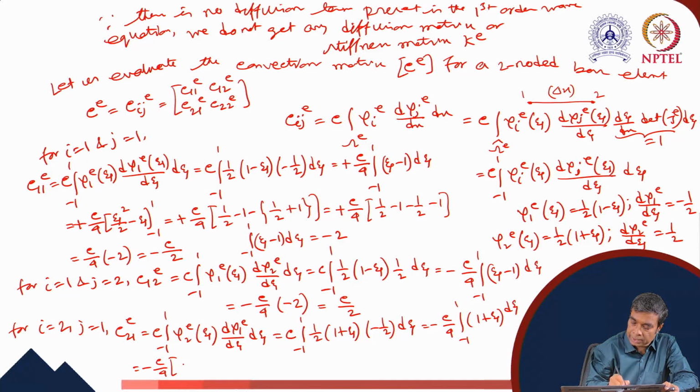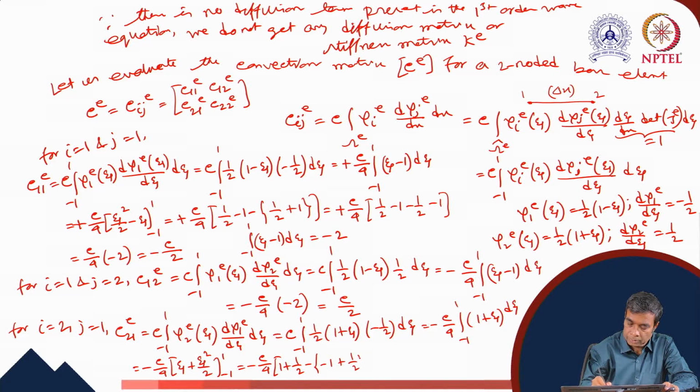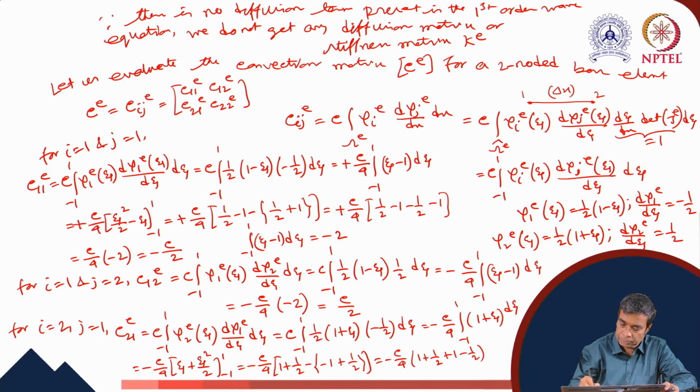After integration we get xi plus xi square by 2, with limits minus 1 to 1. This is minus C by 4 into 1 plus half plus 1 minus half, which equals minus C by 4 into 2. So this is minus C by 2.